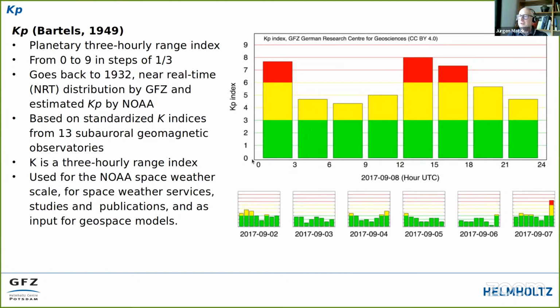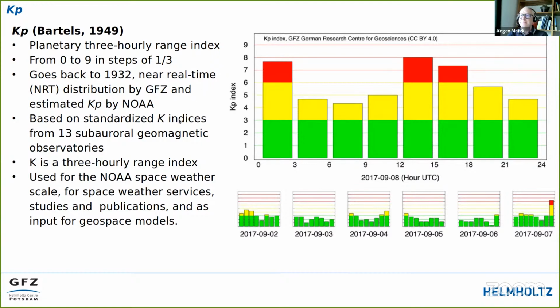The values go from 0 to 9 in steps of 1/3. You can get Kp values back to 1932 from our archives, but we also distribute a very fast near real-time version of Kp. This is something similar also done by NOAA. They produce the so-called estimated Kp index, which is also used by many people.